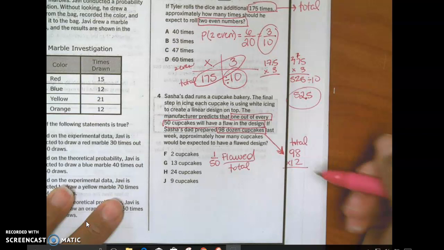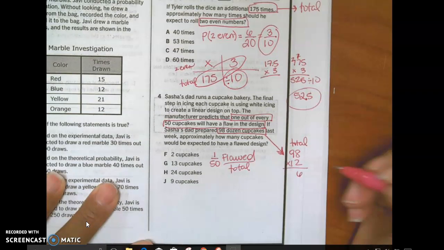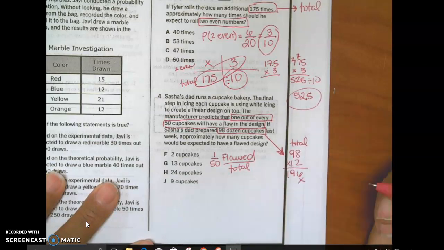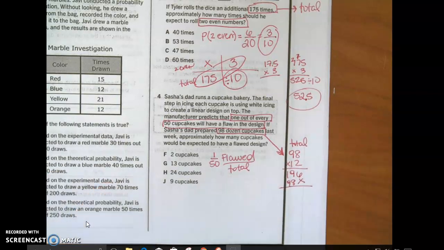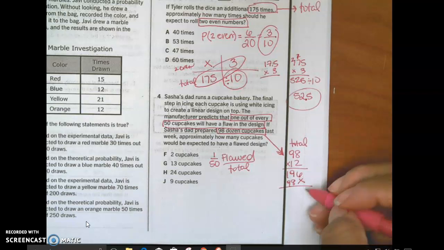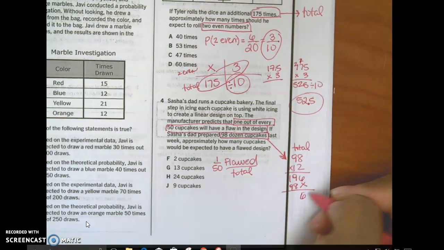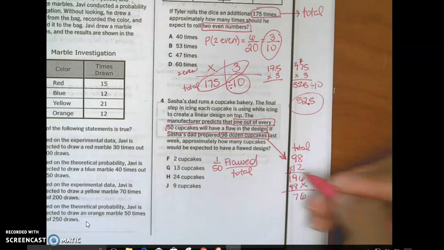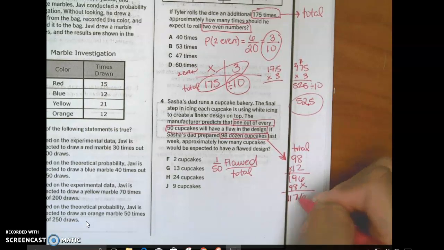And then 2 times 8, 16. 2 times 9 plus 1, 19. And then 1 times 98. 8, 9, add. 1176. 1176.